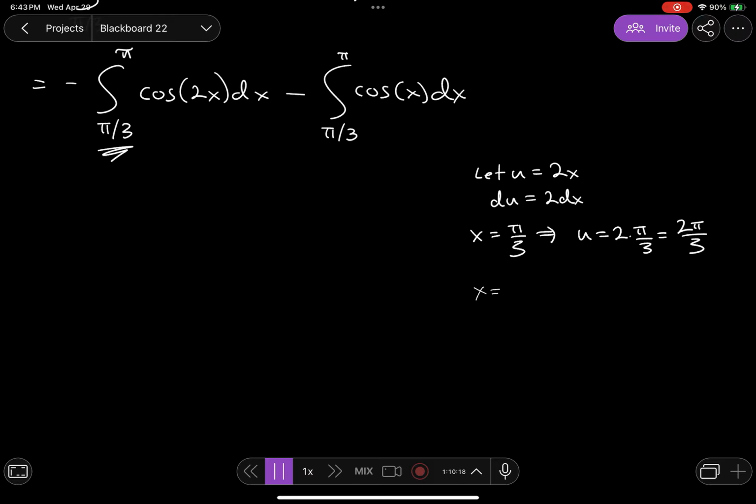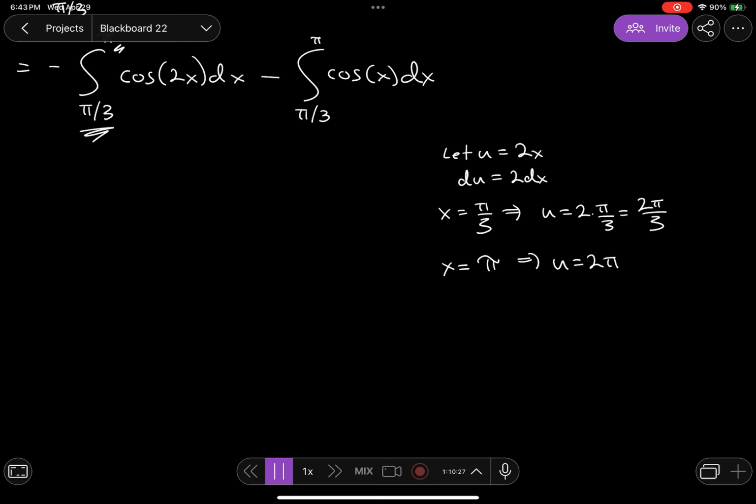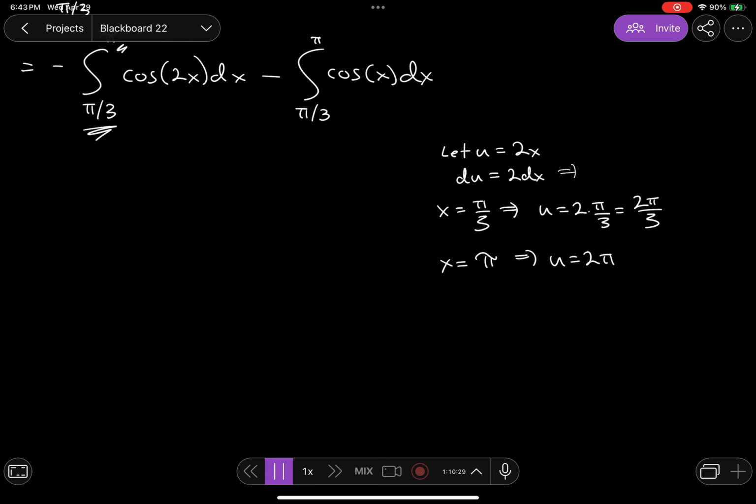And if x is equal to pi, that tells me that u is equal to 2 times pi. So let me get all my ducks in a row here. We got 1/2 du is the same thing as dx.